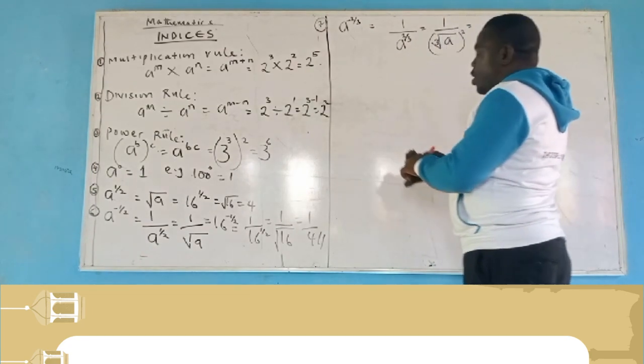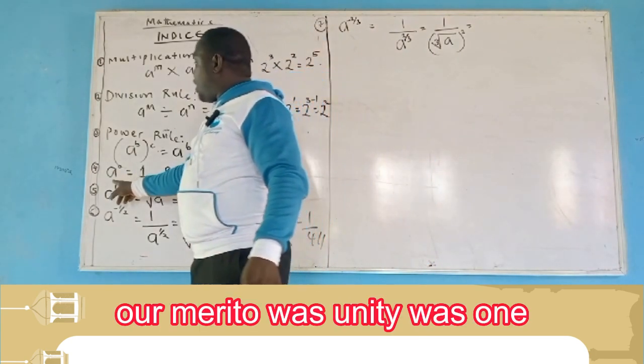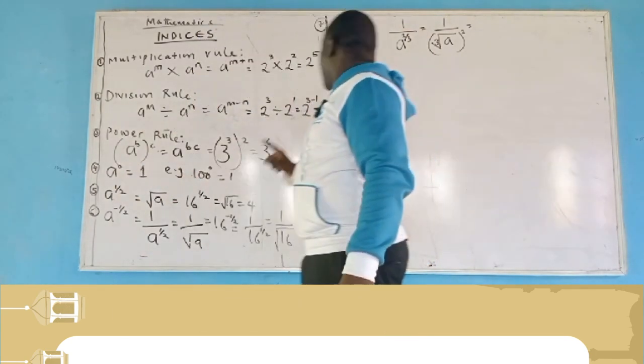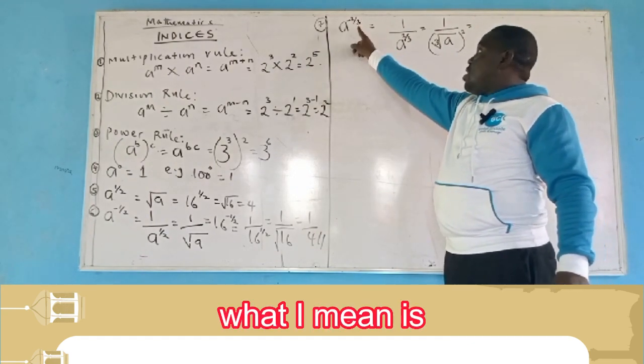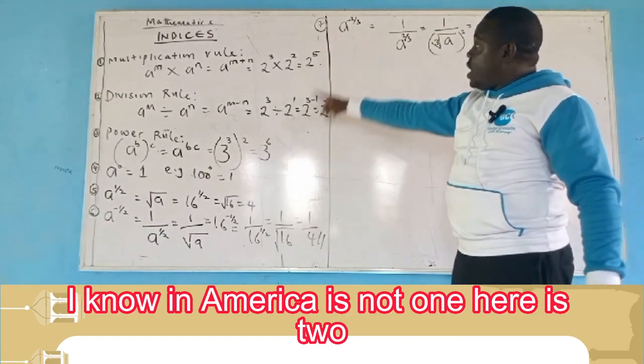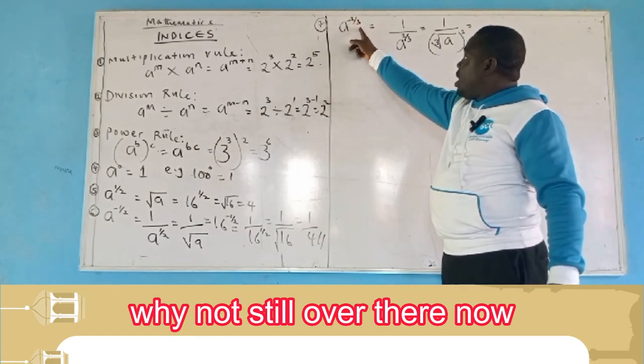Why is it so? Now you will discover that in all the ones we've been doing before, our numerator was unity, was 1. Unlike this, our numerator is not unity. What I mean is, our numerator is not 1 here, it's 2. So you can see here minus 2 over 3.